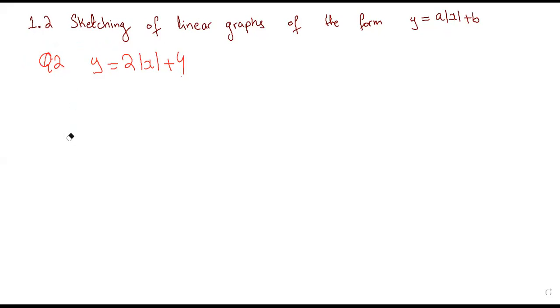Now this time around, we would not be making the graph we have just discussed. For this, we will make the graph of this part first, okay? So you should know, let me make it right here. This is the y-axis, this is the x-axis, and I am going to make the graph of |x|.